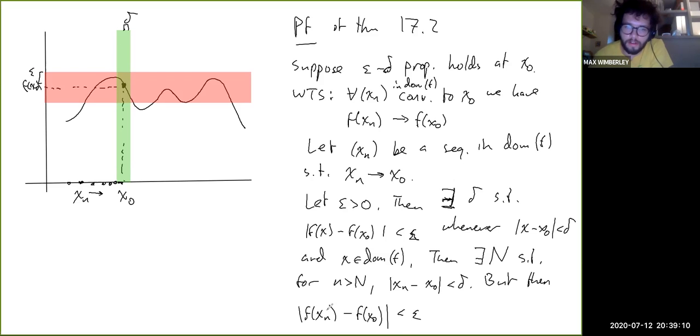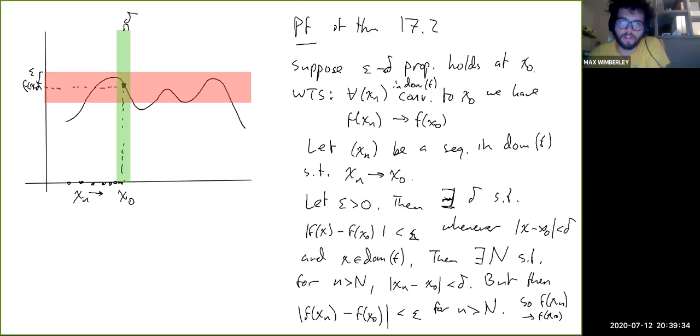So for n greater than this capital N, you don't have to do anything else. This is actually the capital N that works. So f of xn converges to f of x naught. Okay, so that's one direction. That shows that if the epsilon delta property holds, then the sequential definition holds.